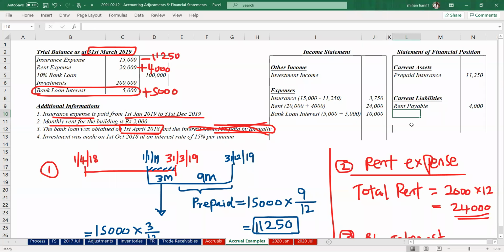And it's a current liability, bank loan interest payable, 5,000.